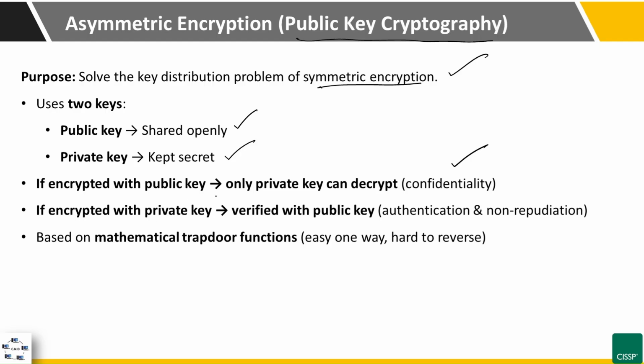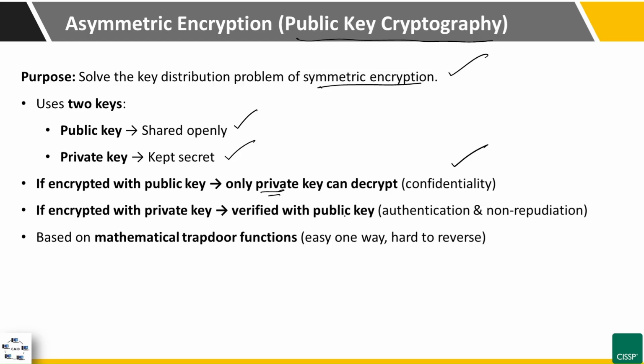For example, your public key is with everyone. They can send you data encrypted with the public key, and only you can decrypt it because only you have the private key. On the other hand, if you encrypt data with your private key, it can be decrypted with the public key. Everyone can decrypt it.